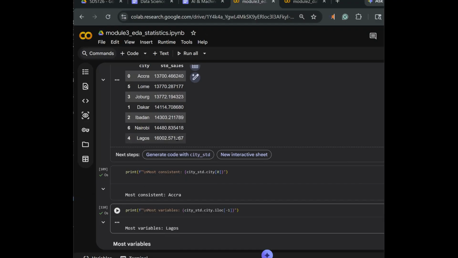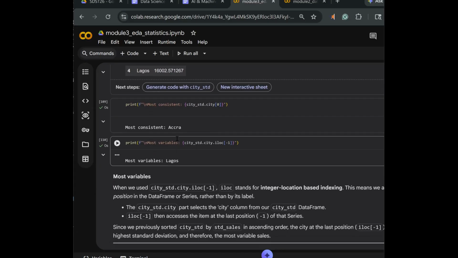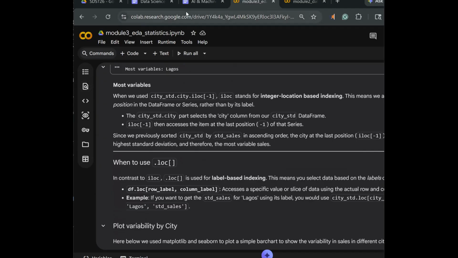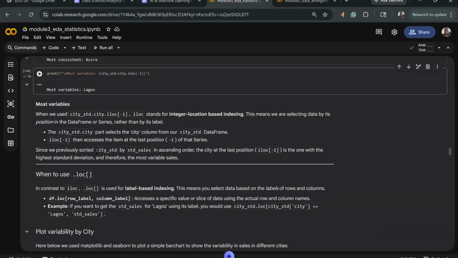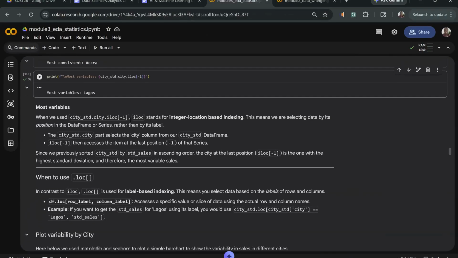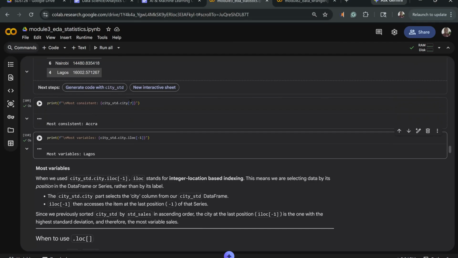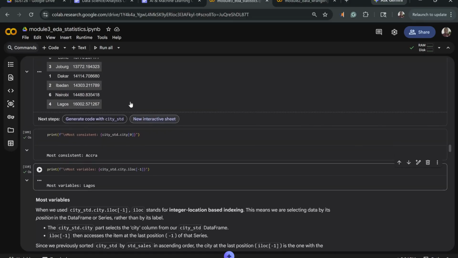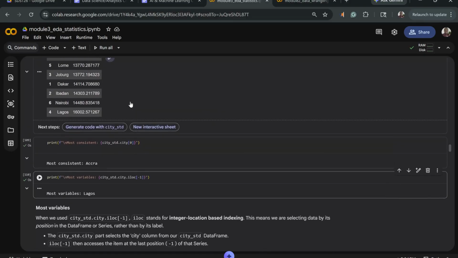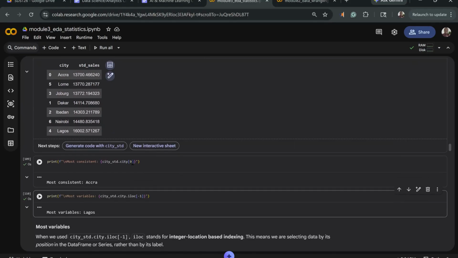I know this is a lot, so just take it easy. And here I placed a little explanation to explain why we use iloc. Here we just use the first one, we call the first value, city 0.